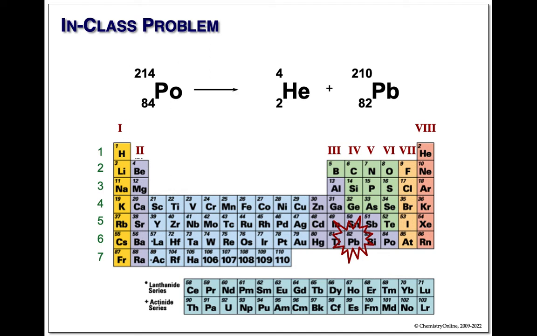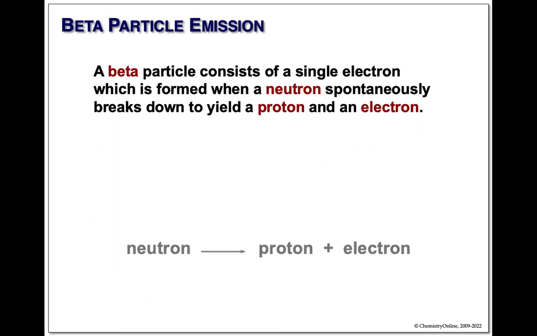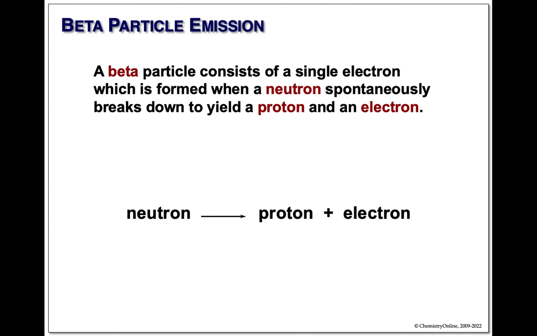Beta particle emission is a little bit of magic. In a beta particle emission, a neutron, which is neutral, is going to actually shed an electron. If you think about it, protons positive, electrons negative, put them together, you get a neutron, right?